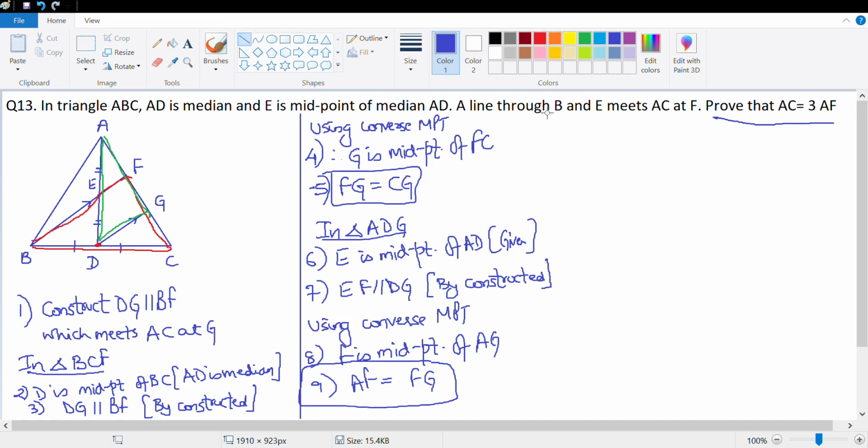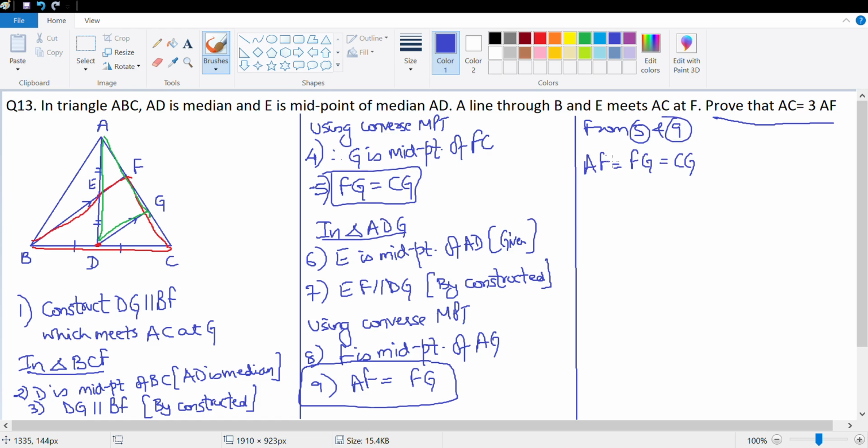Perfect. So now I think I've already got my answer. I've got that all three parts are equal. So from 5 and 9, what I get is AF is equal to FG is equal to CG. This is my point number 10.